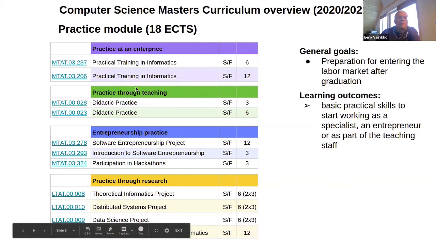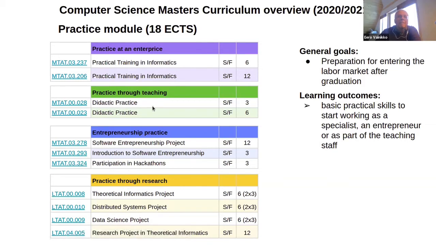But there is also the possibility to do some practice through teaching or entrepreneurship practice. So there are different choices that you can combine to find the most suitable way that is most relevant for you and your goals.